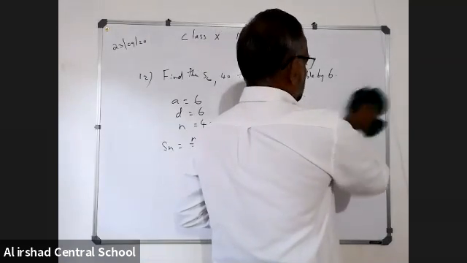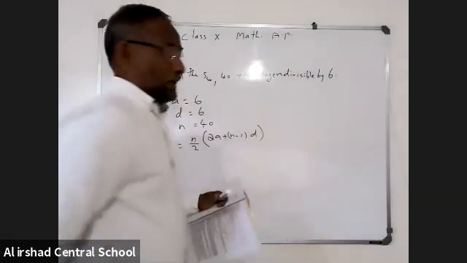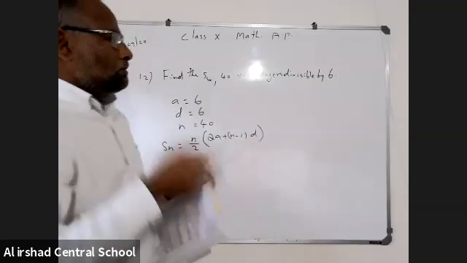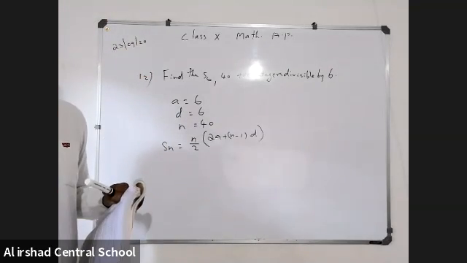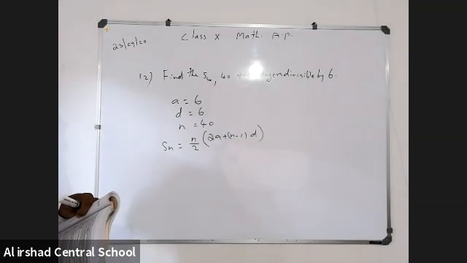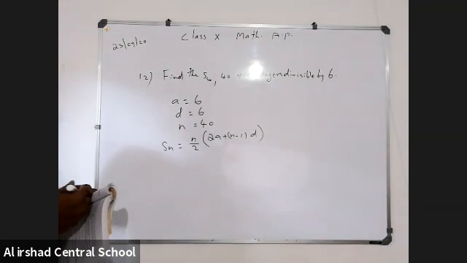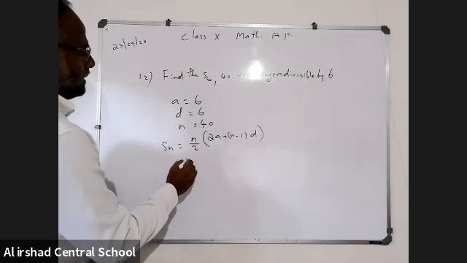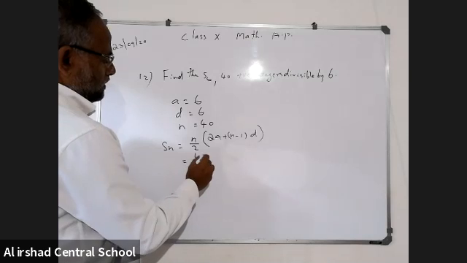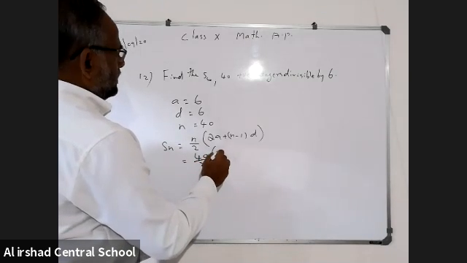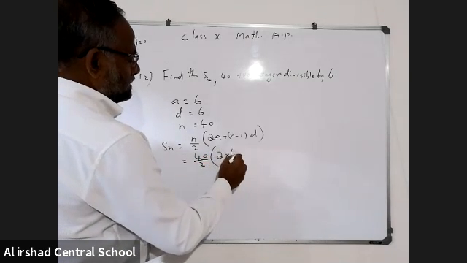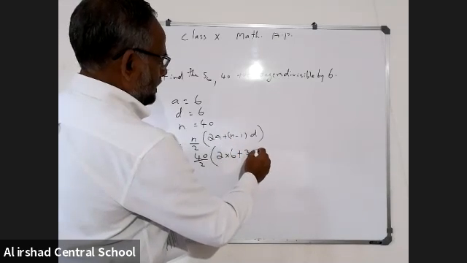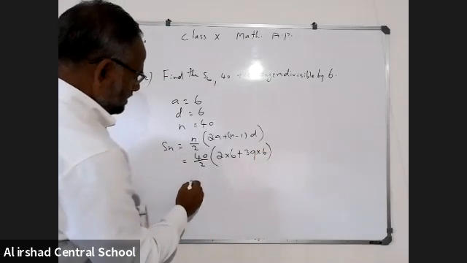Apply this one, all of you. What happened? We are thinking too much. Here N is 40. 40 positive integers divisible by 6. Not divisible ones, we are not counting. Now give the values for this one. N by 2, that means 40 divided by 2, into 2 into 6 plus 39 into 6.